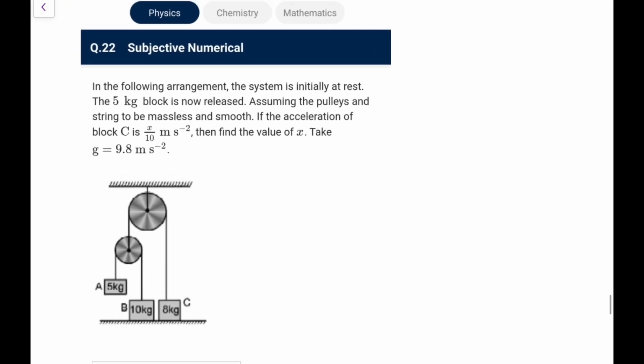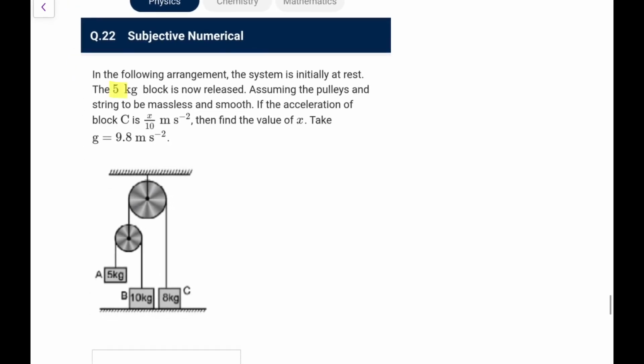Next, in the following arrangement, the system was initially at rest. The 5 kg block is now released. Assuming the pulley and string to be massless and smooth, if the acceleration of block c is x by 10, then find the value of x. Now let the tension be t, this becomes 2t, this becomes 2t. Now it is released, and because it is 10 kg and the other is 5 kg, what can we expect?